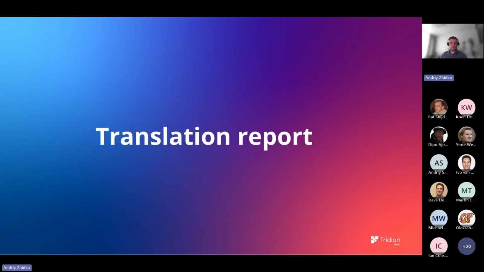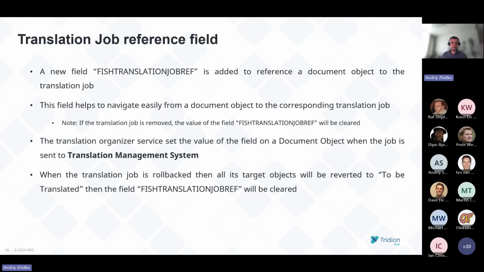Translation report improvements. We added a new field that is a part of the document object that is referencing the translation job. This field allows you to easily navigate from a document object to the corresponding translation job.